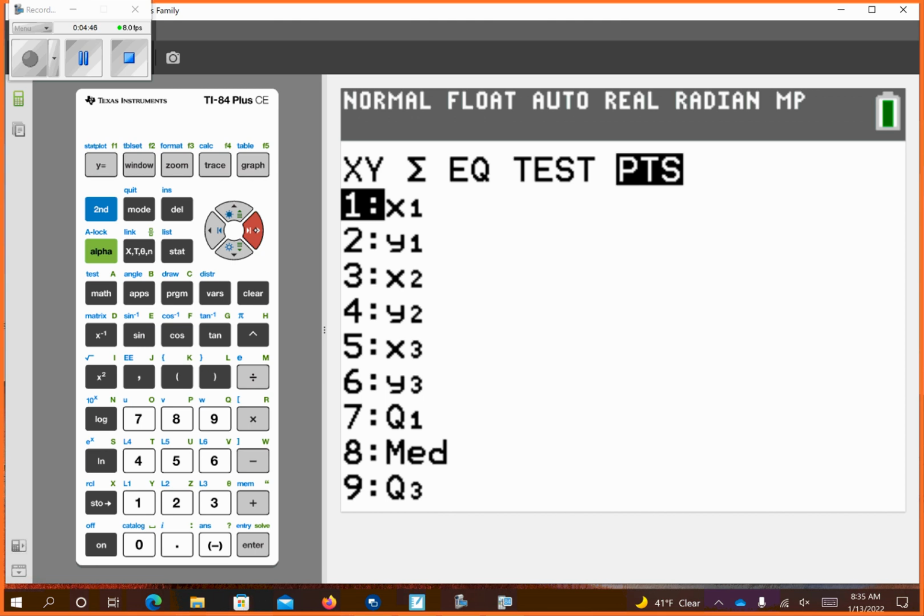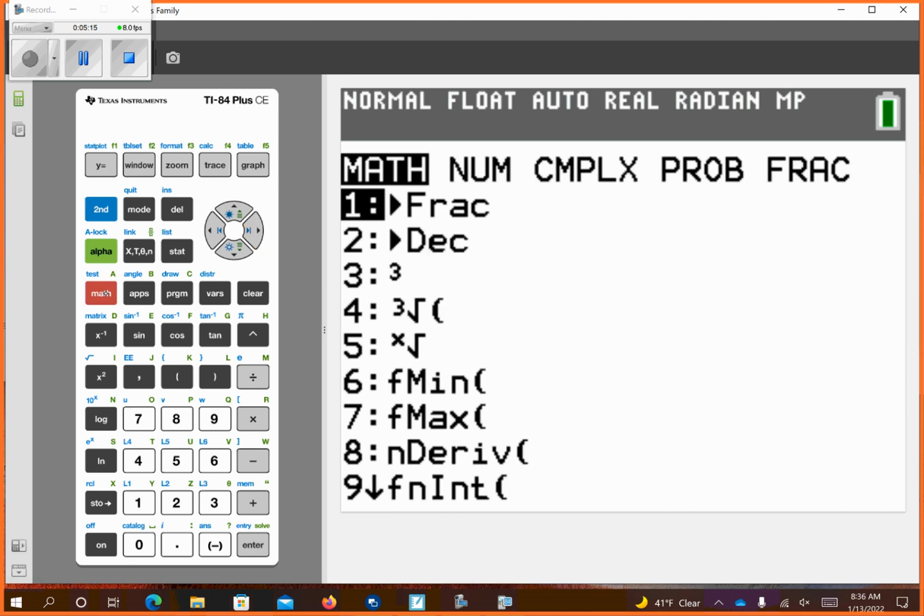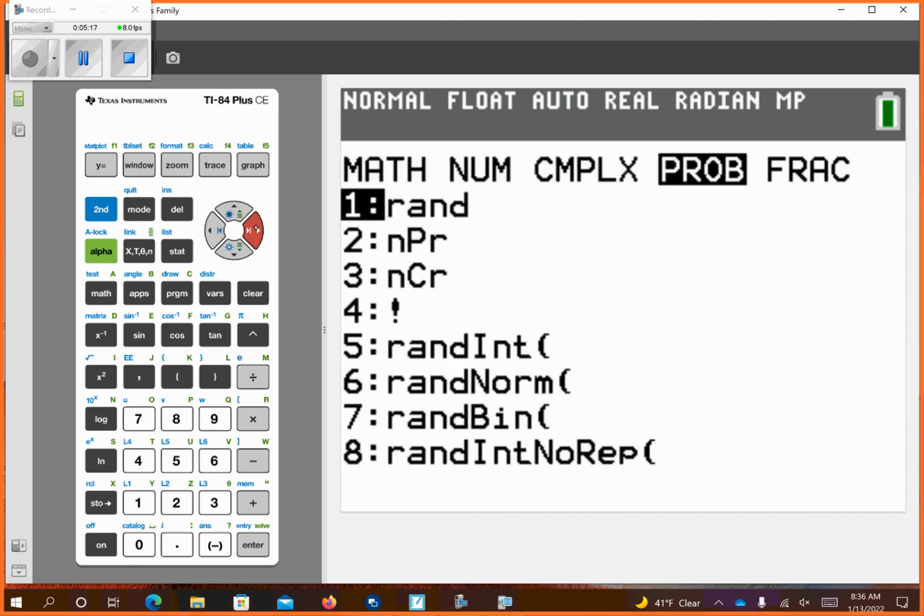All right, let's see. That's not what I'm looking for. So it's under math, probability. There it is.